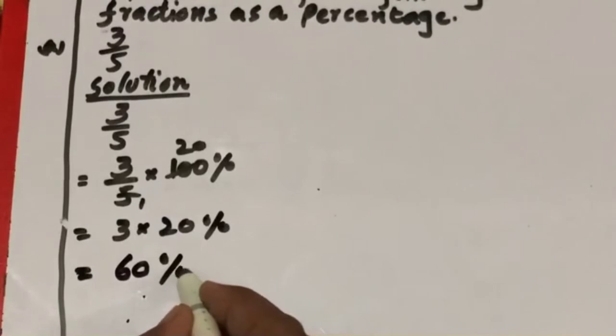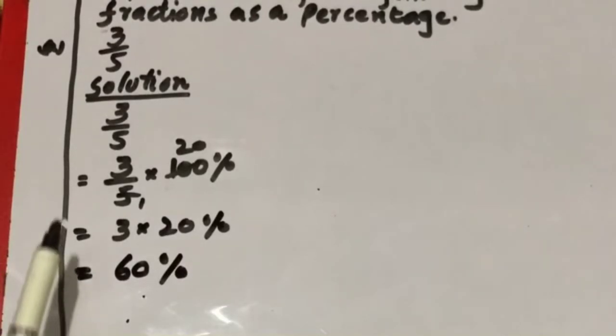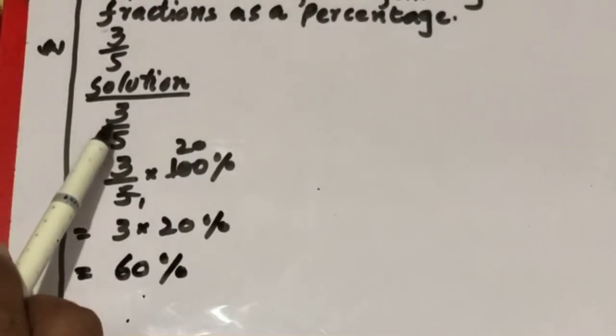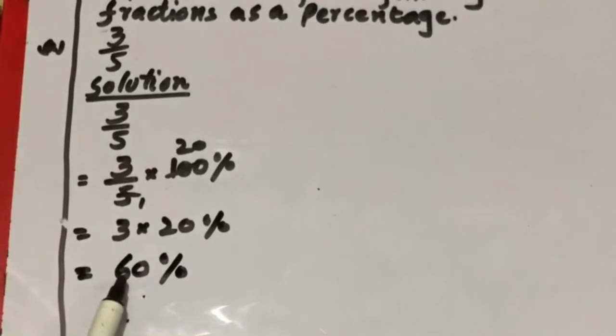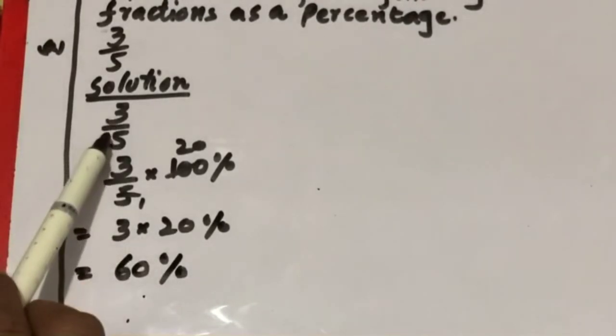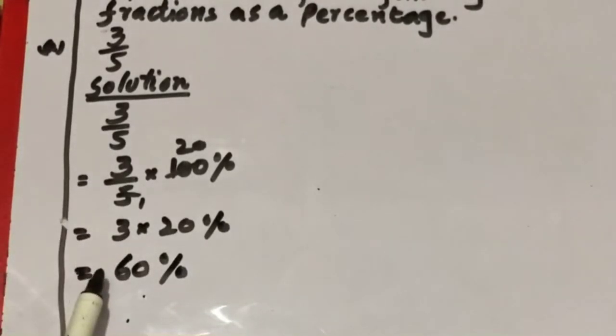So we have converted 3 by 5 into a percentage, which is 60%. You can convert any fraction into a percentage by multiplying it by 100%.